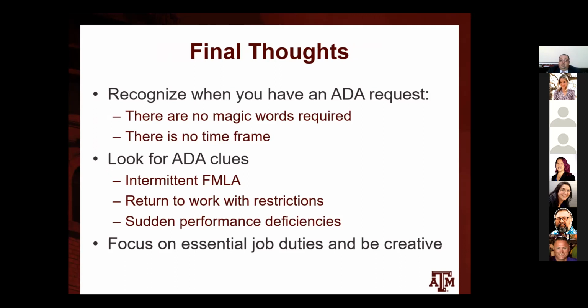What they need to do is submit the documentation. If they have put the supervisor or HR on notice, saying, hey, I have XYZ condition and I need A, B, and C accommodation, we should, we being HR/ER, and I say HR is more the HR liaison function, be sending them the paperwork.